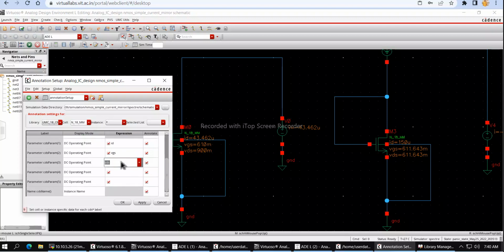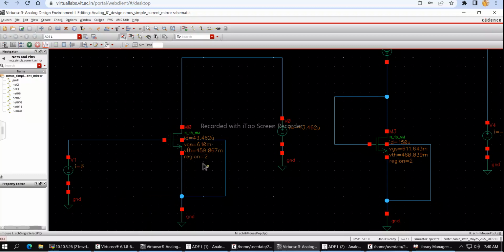We don't need the value of VDS, instead we shall annotate the threshold voltage and also the region of operation. Once annotated, the values will start appearing here. So we got to know the threshold voltage is 459 millivolts, or almost 460 millivolts or 0.46 volts.